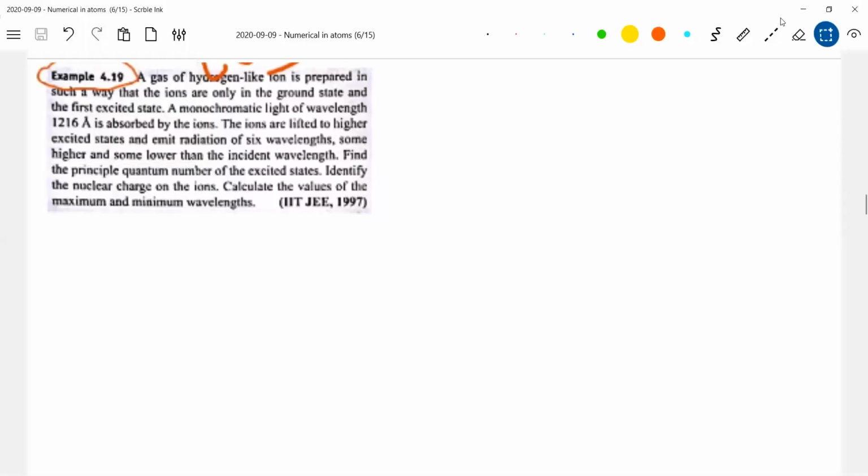This is a previous year JEE question you can select. So very good questions are there. Okay, read the question. Draw the energy level diagram. It says hydrogen-like. So is it hydrogen, helium, lithium? We don't know.